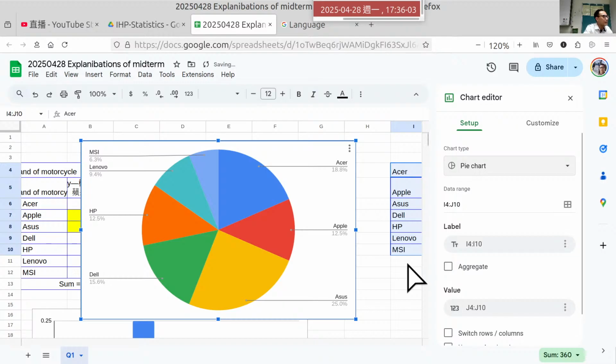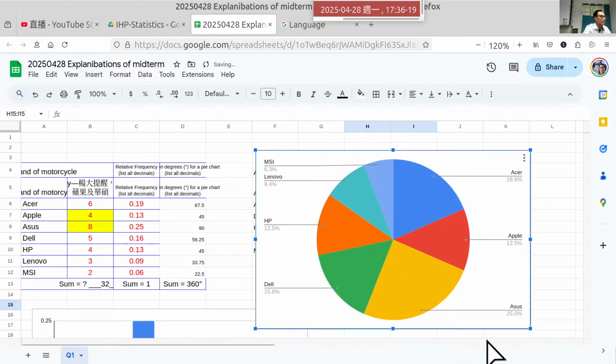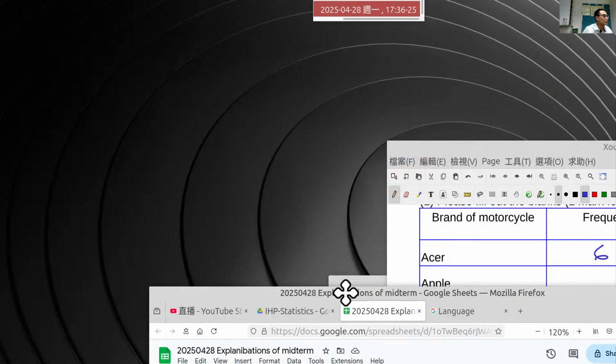Pie chart. Okay, that is this one. Again, here the title is the brand name of laptop used by college students. Is it okay? Don't forget the title. Okay, let's move to question 2. Question 2.